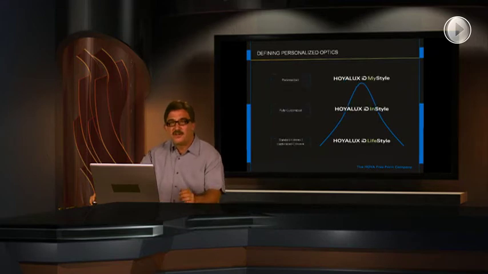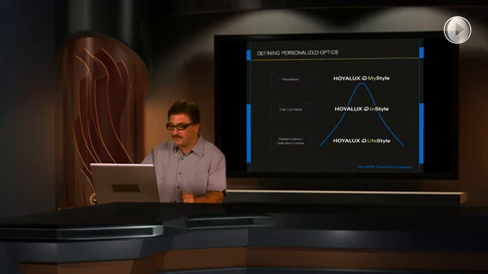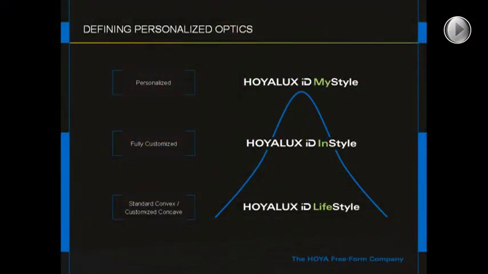And today we're going to introduce a new dimension to the Hoya freeform technology design. We've talked about the Hoya Lux ID Lifestyle, and so we can simply describe that as a standard element on the front side and customized on the back. The Hoya Lux ID MyStyle, formerly known as our ID, is fully customized.